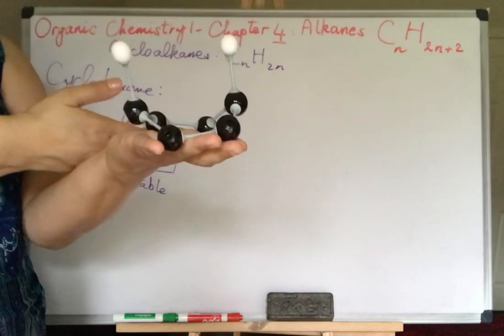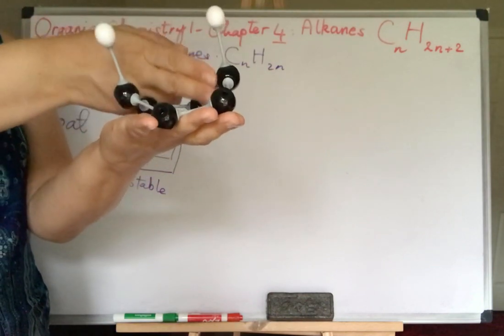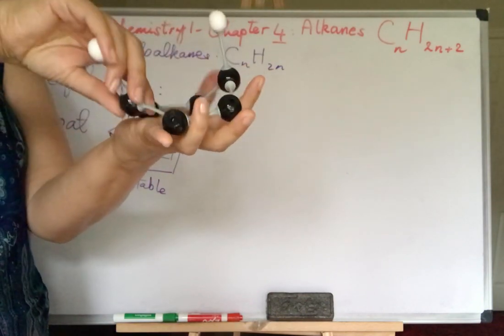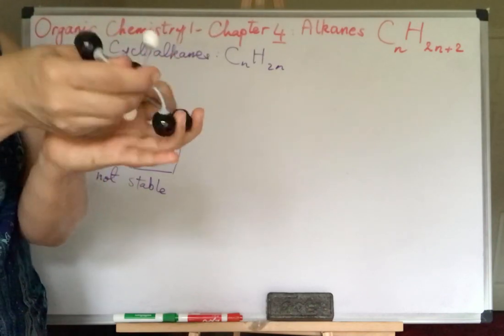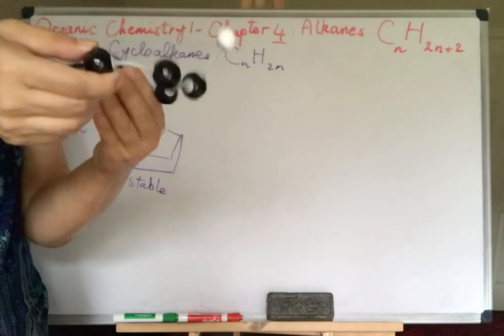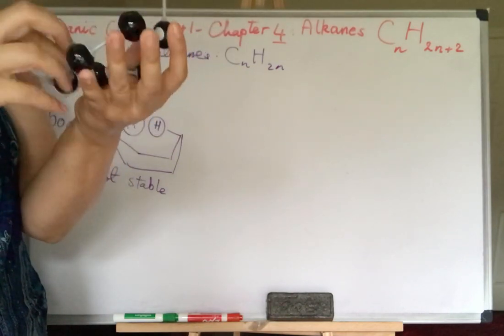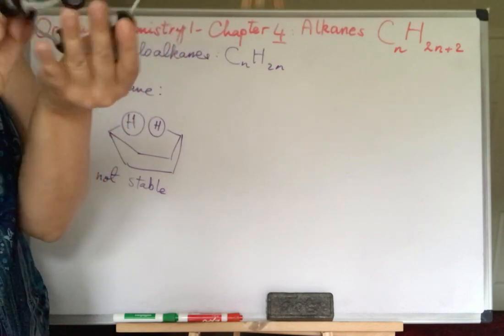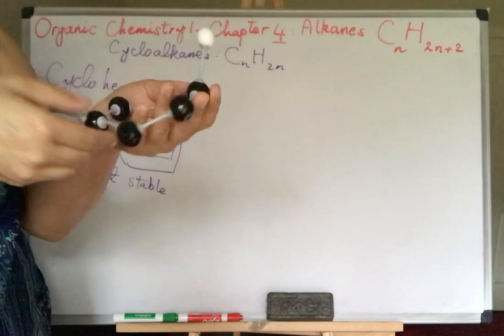It has a back, it has a foot section. So if we keep it for the back and turn this carbon down as if we have the foot part of the cyclohexane, it's a little bit hard to work with this model.